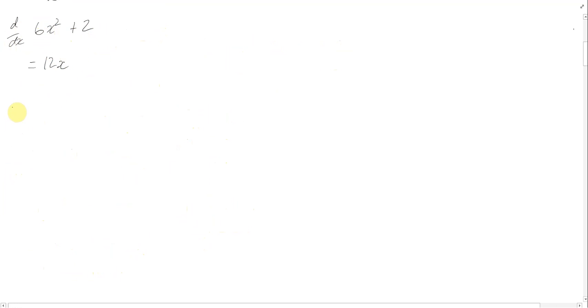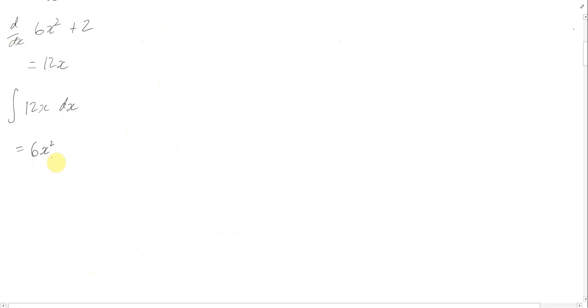So the derivative of this is 12x. Now if I do the antiderivative of 12x with respect to x, there's a 1 there, so I know that it has to be an x squared. The only way you get a 2 there is if 2 times whatever goes out the front, the coefficient, gives 12. So it's 12 divided by 2 gives me a 6 there. And there's nothing else there, so I'll just leave it at that.